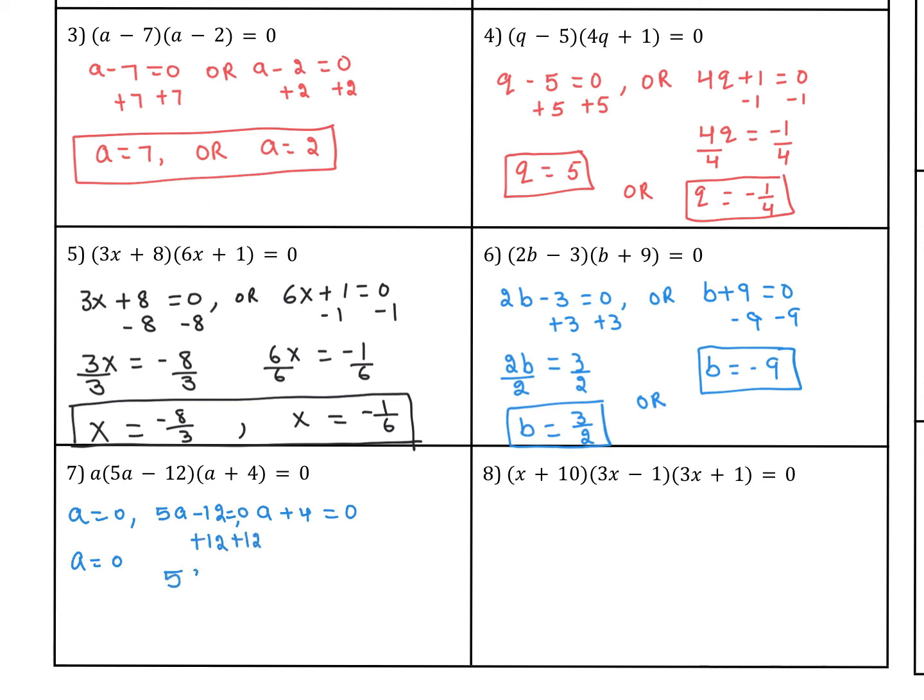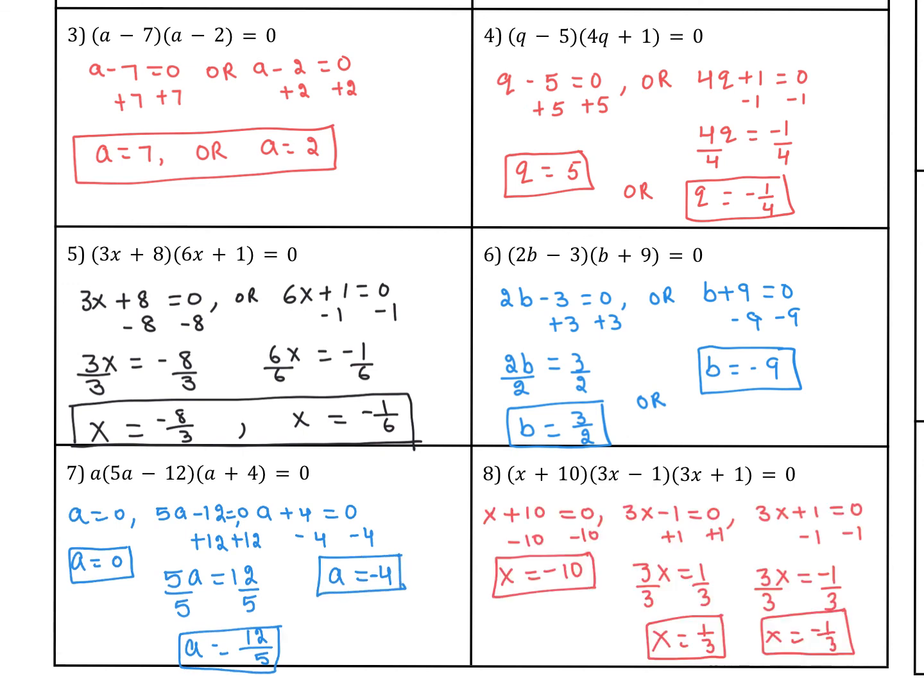You got 5a equals 12. Subtract 4 on both sides. You got a equals negative 4. In this one, you're going to divide by 5. You got a equals 12 over 5. So you have three answers: a equals 0 or a equals 12 over 5 or a equals negative 4.